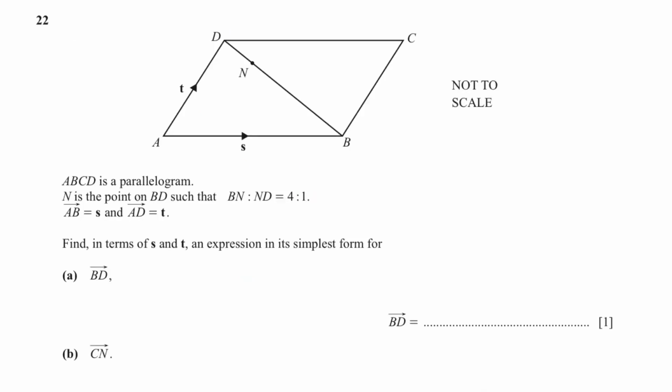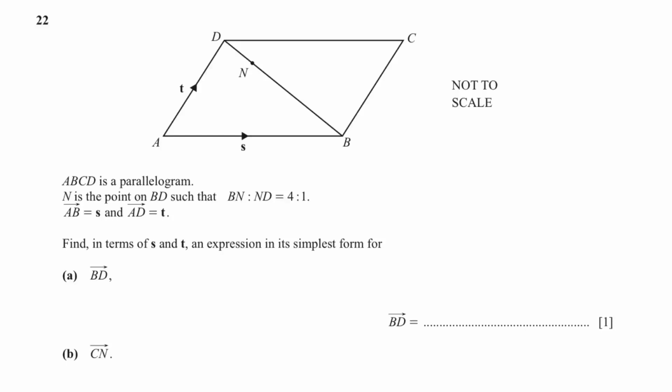We have a vector question here. A parallelogram has been given, and AB is S and AD is T. BN and ND is in the ratio 4:1. Find in terms of S and T an expression in the simplest form for BD.